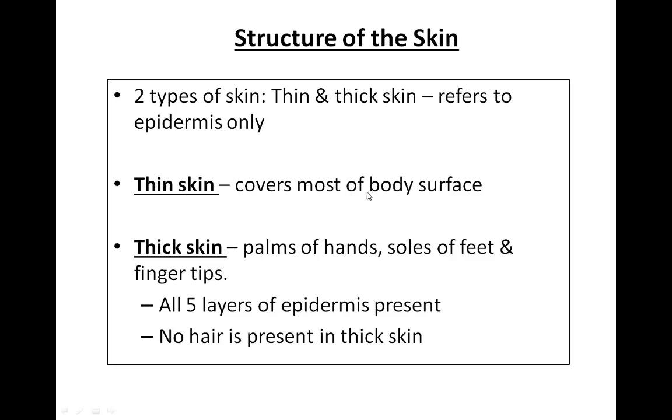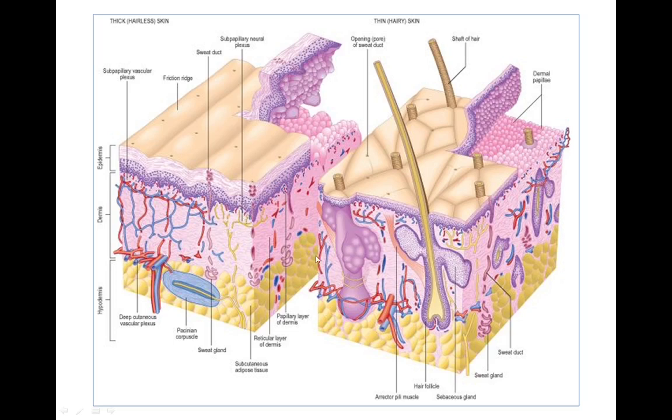Thin skin covers most of the body surface, while thick skin is found over the palms of the hands, soles of the feet, and fingertips. In thick skin, all 5 layers of epidermis are present, but no hair is present. That is why there is no hair in the palm, sole, or fingertips.